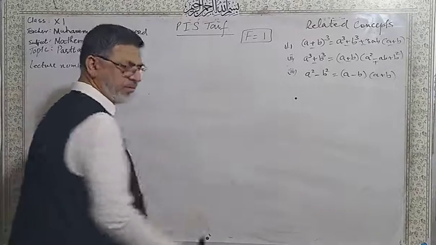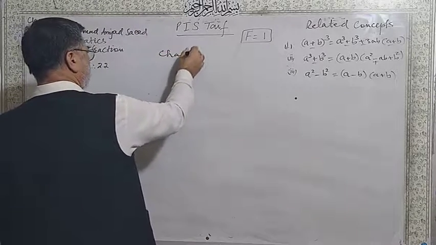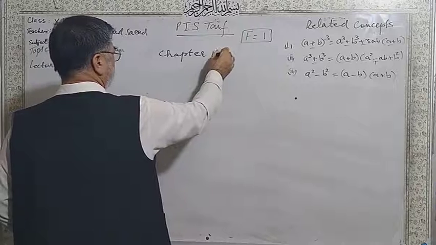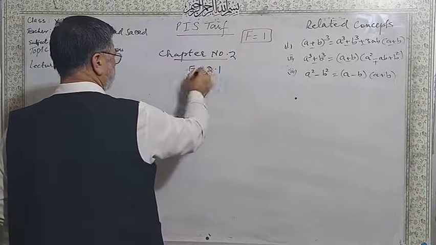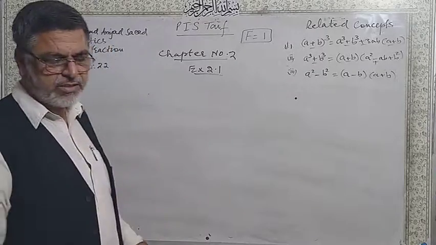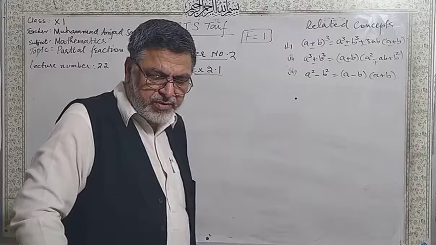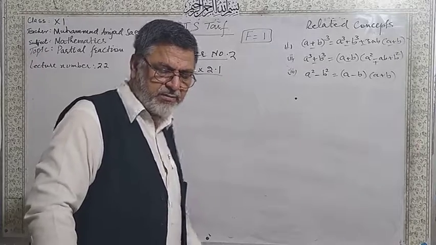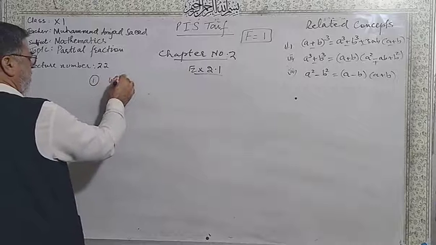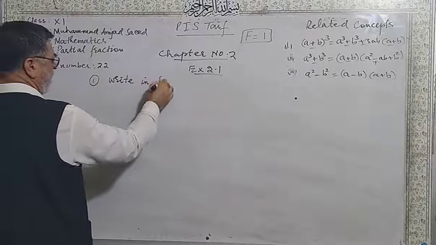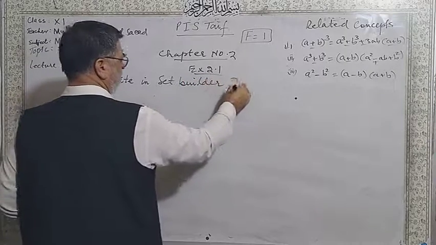Here is chapter number 2, exercise 2.1. Write the following sets in set builder form. For example, number 1 is write in set builder form.